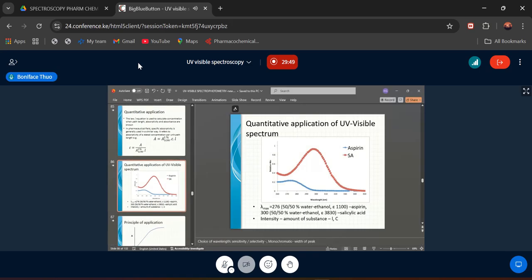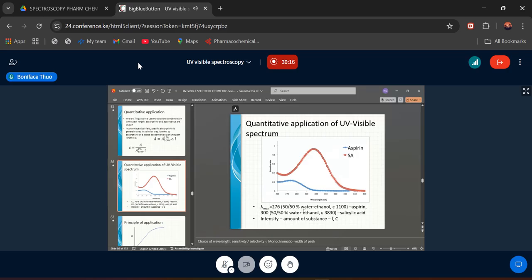Here we have an example of a common molecule, which is aspirin, and a common impurity found in aspirin. So we have aspirin and salicylic acid, and we can see how the two absorb radiation at different wavelengths.